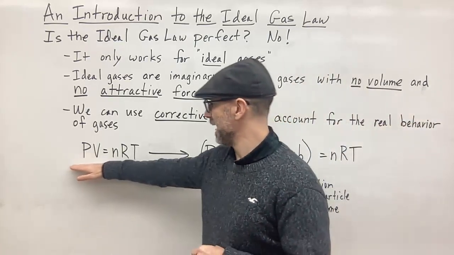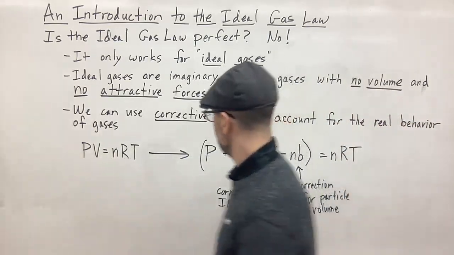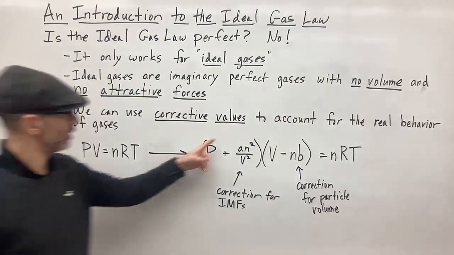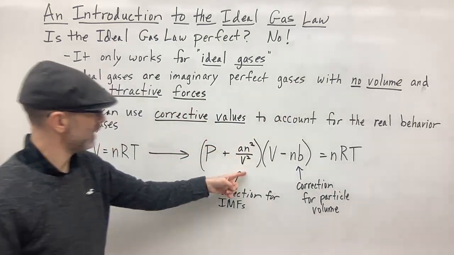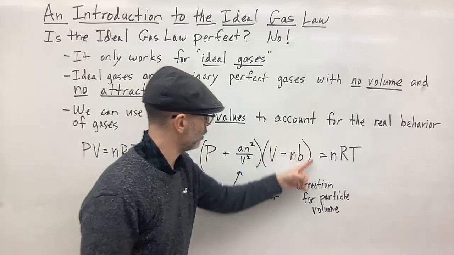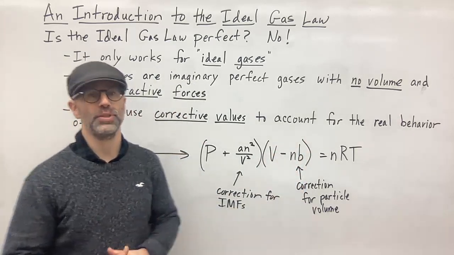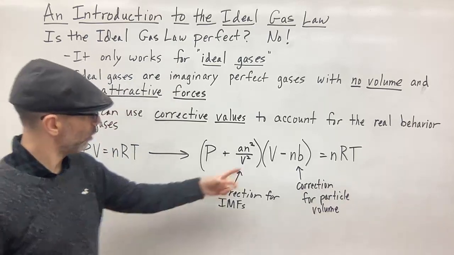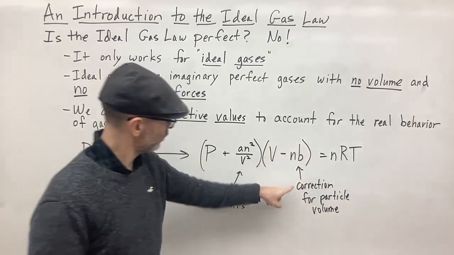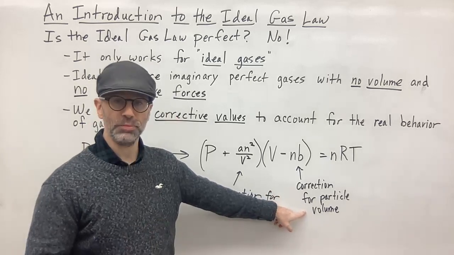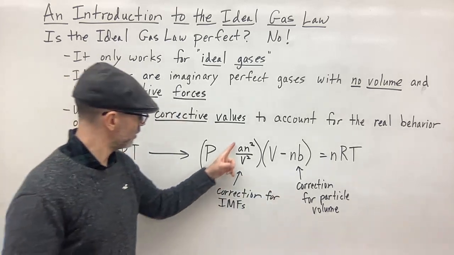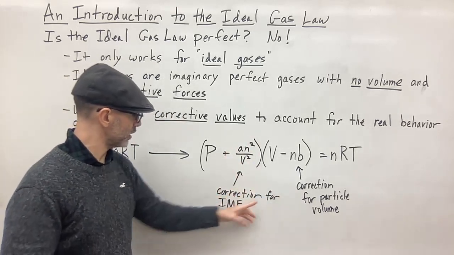So here is the ideal gas law. But then we can add these parts to it to account for intermolecular forces and the actual volume taken up by particles. This part here is the correction for particle volume, and this part here is the correction for IMFs.